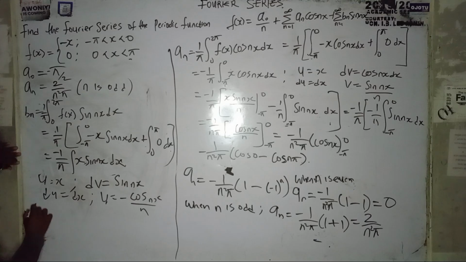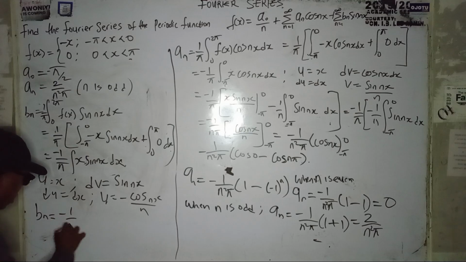We would have bn equal to minus 1 over pi.